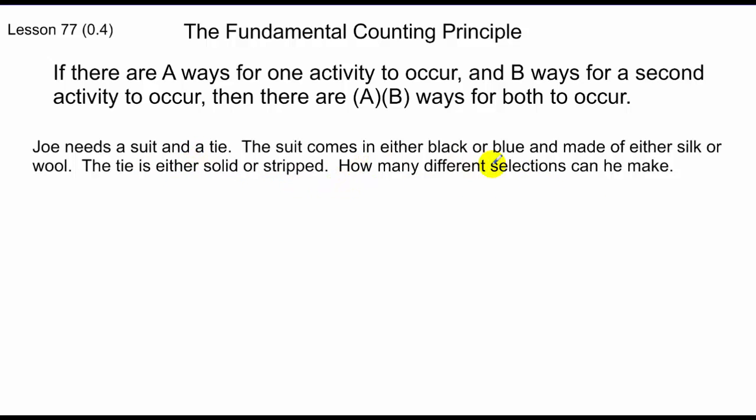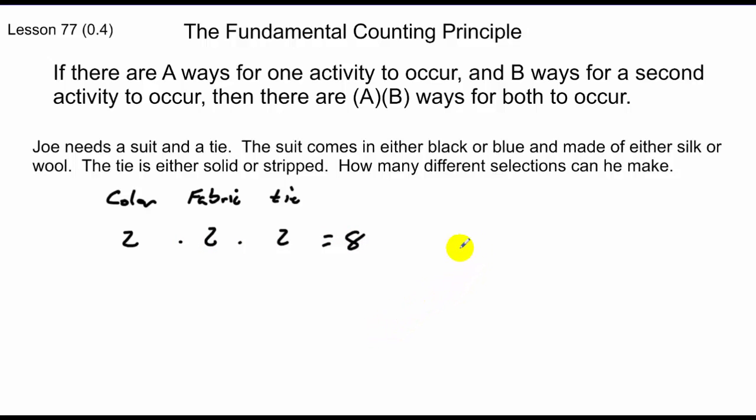Well, we have two possibilities for the color, and then we have fabric, also two possibilities, and then a tie that's either striped or solid. Two possibilities. So when I multiply those together, I have 8 different ways I can make that suit up.